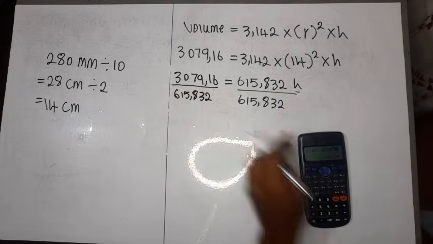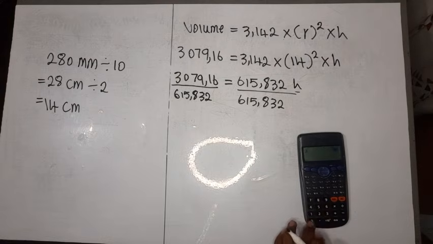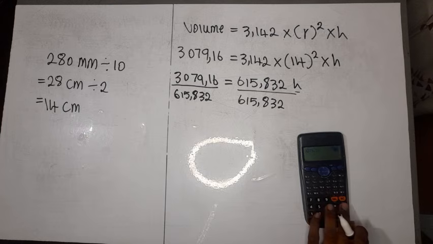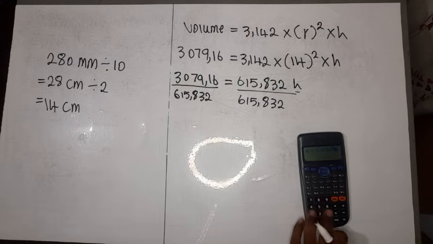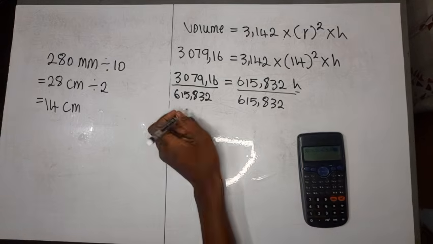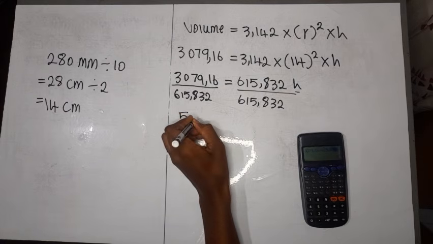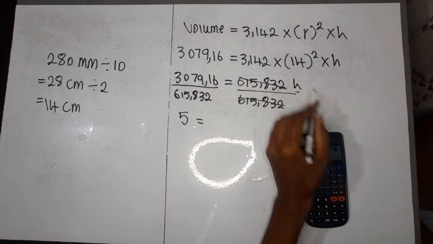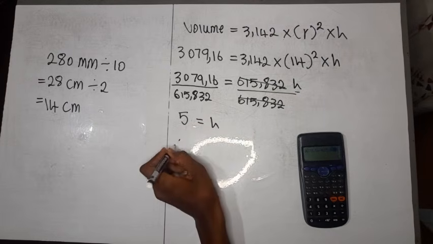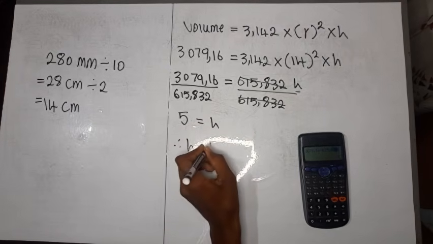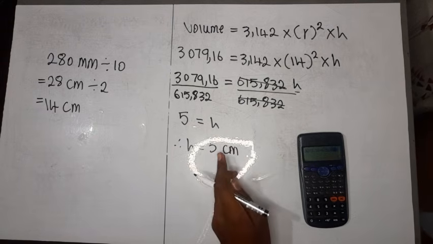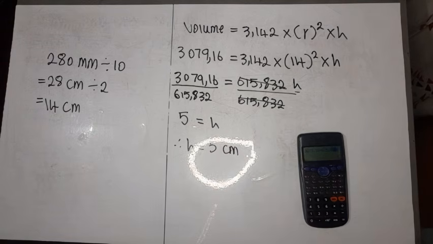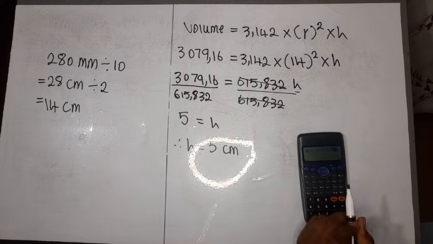So let's click that on the calculator. 3079.16 divided by 615.832 gives us 5, right? 5 equals h, and then these ones cancel each other, and we're only left with h. So that means that h equals 5 centimeters. So that means that the height of our baking pan equals 5 centimeters.